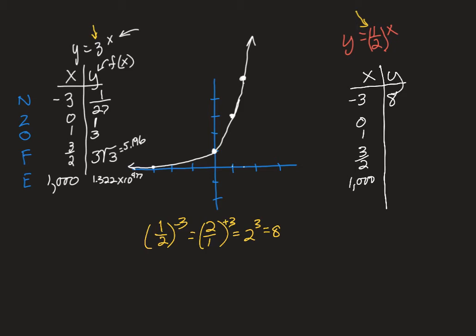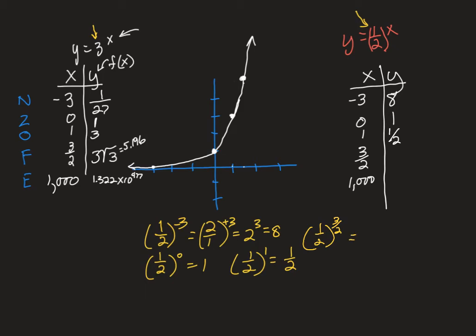All right, so after that, let's do 1/2 to the 0th power. It is the whole thing raised to the 0, so it is equal to 1. All right, how about 1/2 to the first power? Anything raised to the first power is itself. So 1/2. And then we have this 1/2 raised to the 3/2.